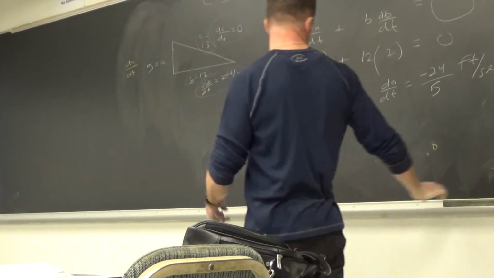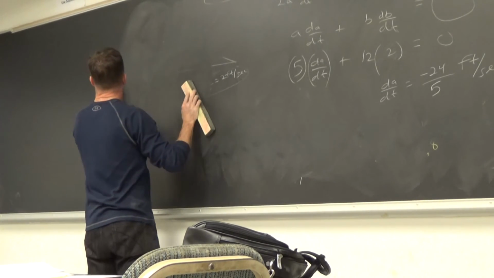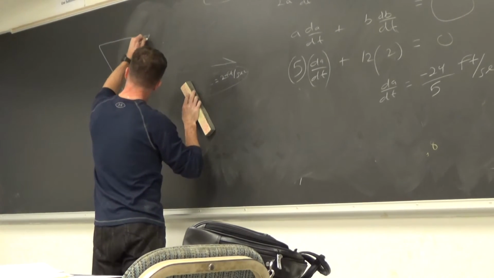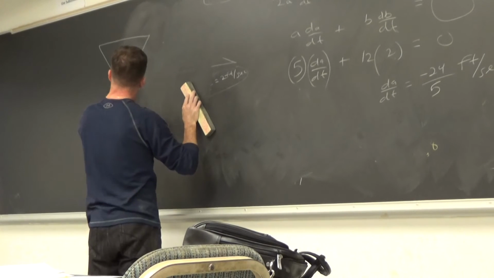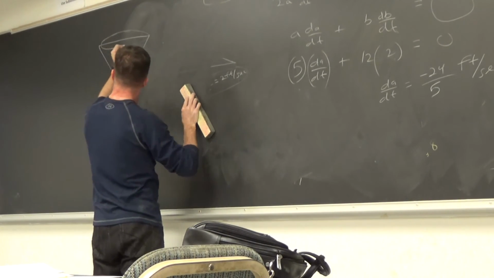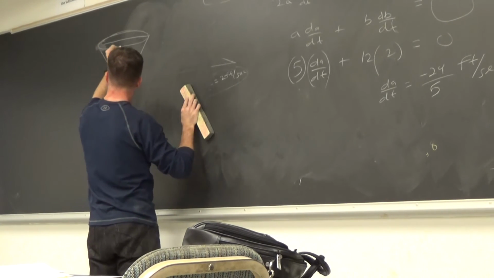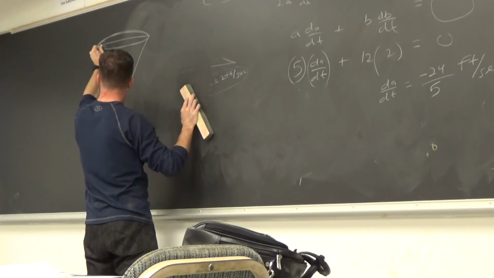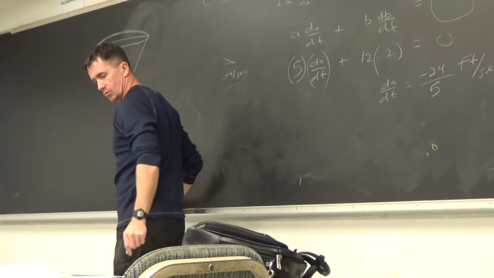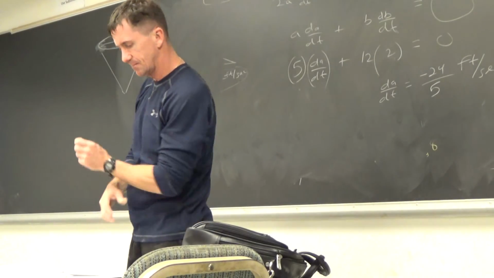Let's draw a picture. Conical tank. All right, pointed downward. Has a height of 10, base diameter of 10.